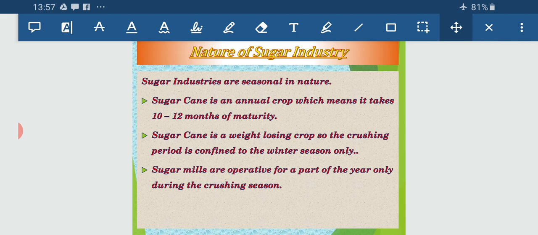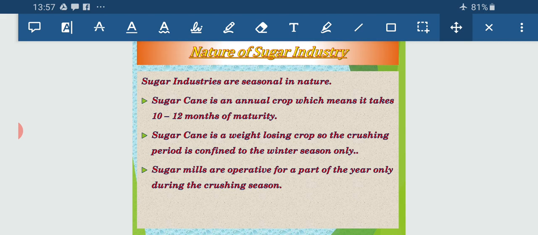Because the more it is stored or the longer the haulage, the sucrose content present in the sugar cane will dry up. Sucrose content means the juicy content of the sugar cane. So when the juicy content dries up, the quality production will not be there, neither will there be quantity production of sugar.